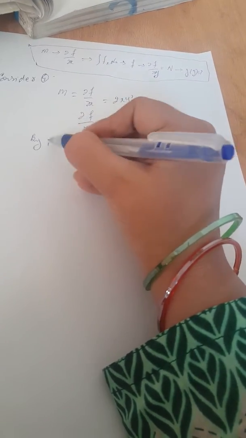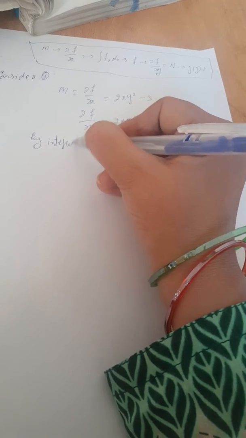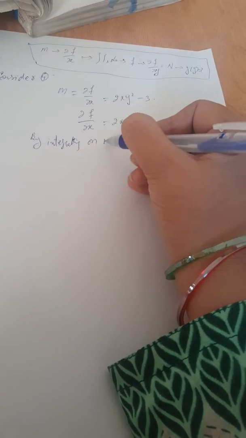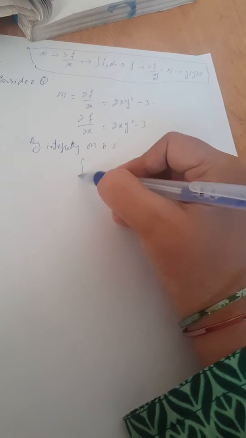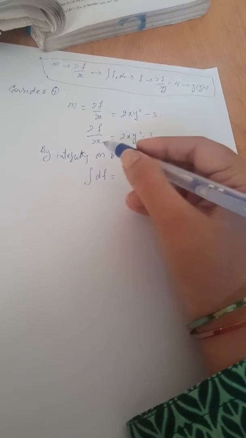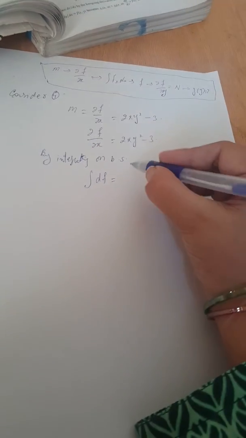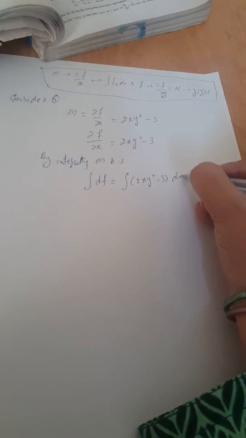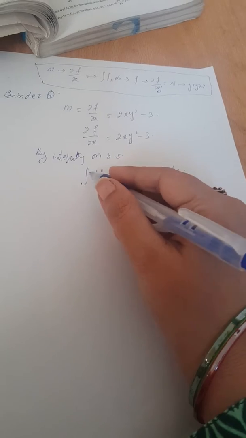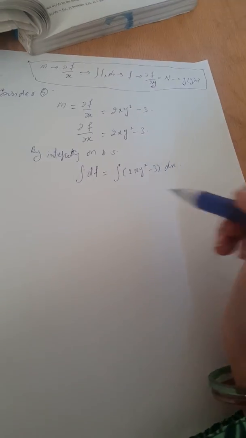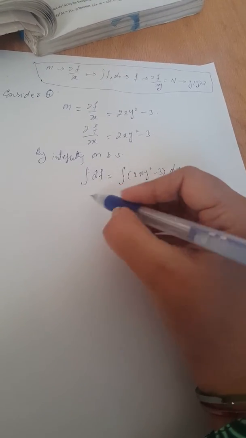Integrating on both sides, integration of df is equal to integration of 2xy square minus 3 dx, and the d and the integral cancel each other.